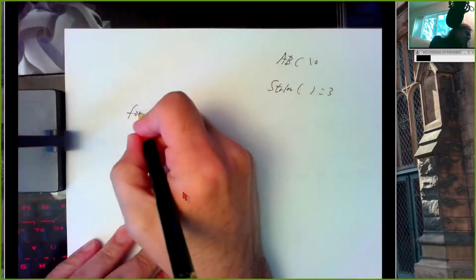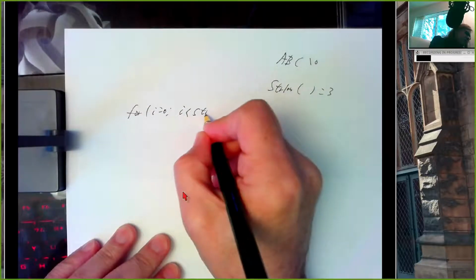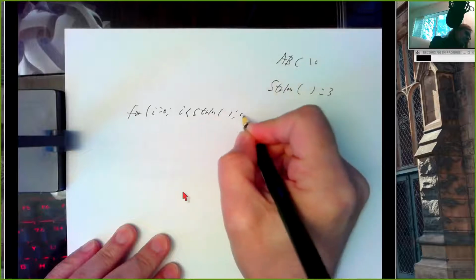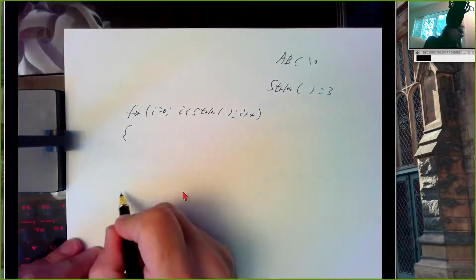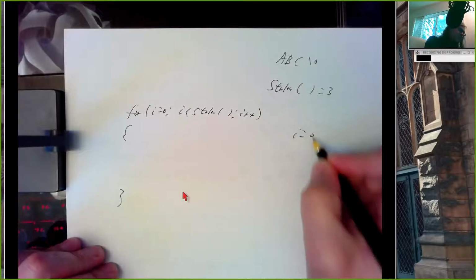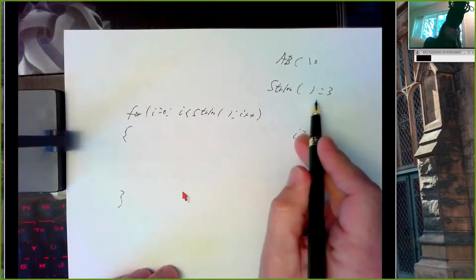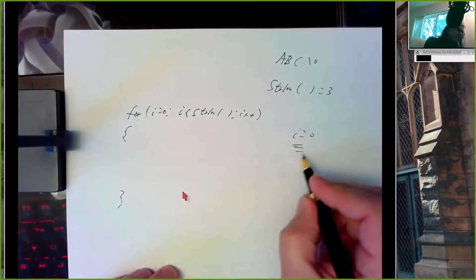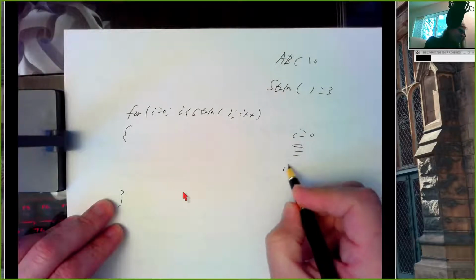So if we iterate by i equals 0, i less than string length, i plus plus, right? So what does this do? It sets i equal to 0. It checks to see if 0 is less than the string length of our string, which it is. It'll do some stuff. And then at the bottom of the loop, it will set i equal to 1.